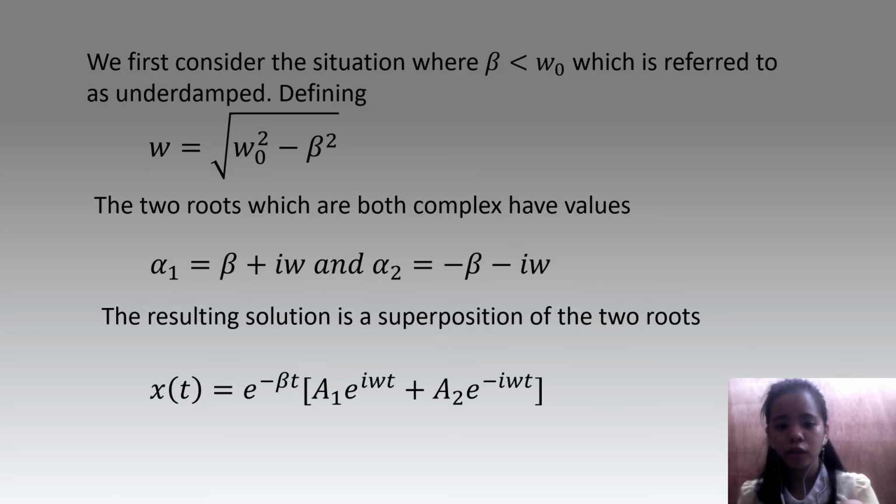The two roots, which are both complex, have values a1 equal to negative β plus iω and a2 equal to negative β minus iω. The resulting solution is a superposition of the two roots: x(t) = e^(-βt)(A1 e^(iωt) + A2 e^(-iωt)).